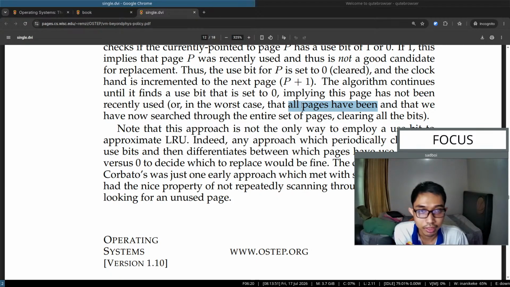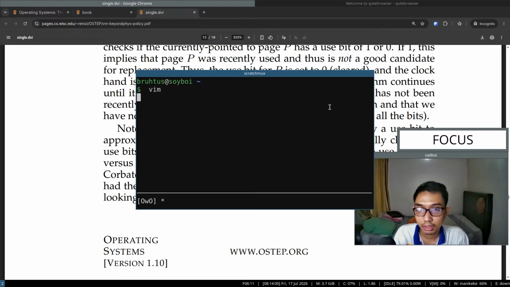Imagine all pages have the use bit of 1 here. So maybe something like this. This is page P, then page P plus 1, P plus 2, and so on, each with use bit 1, and we change each of them to use bit 0.